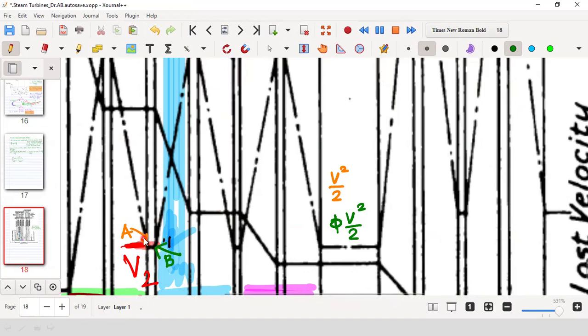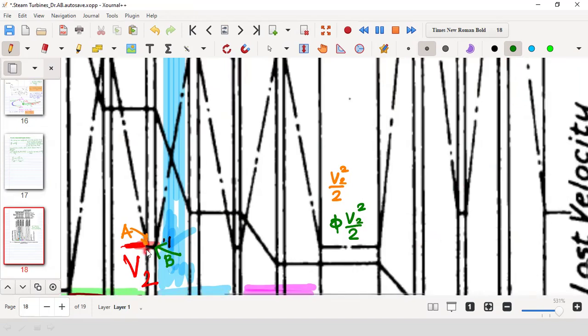That means at the end of stage one, the velocity is V2. Therefore the kinetic energy per unit mass is V2 square by 2, isn't it? At point A, it is V2 square by 2. But at point B, ideally it will be V2 square by 2 itself, but actually it is a fraction of that. That means there is a reduction, and that factor is called the carryover coefficient.